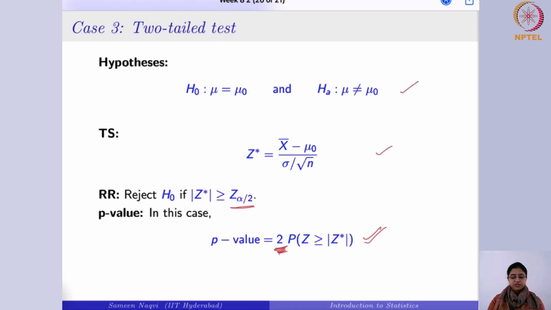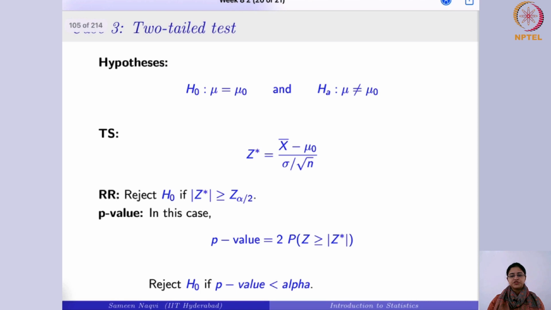If you are adopting the rejection region approach, you would compare it with the critical value, and if it is the p-value approach, you would find this probability, which you can find easily from any standard normal table, or from software. So we will learn all those things.